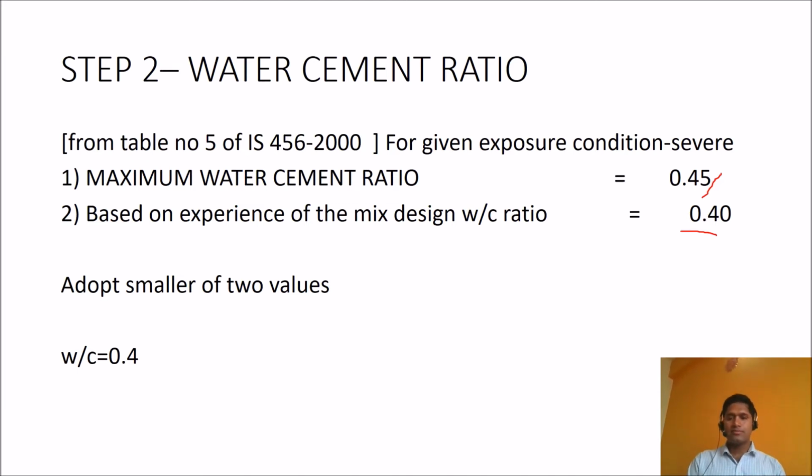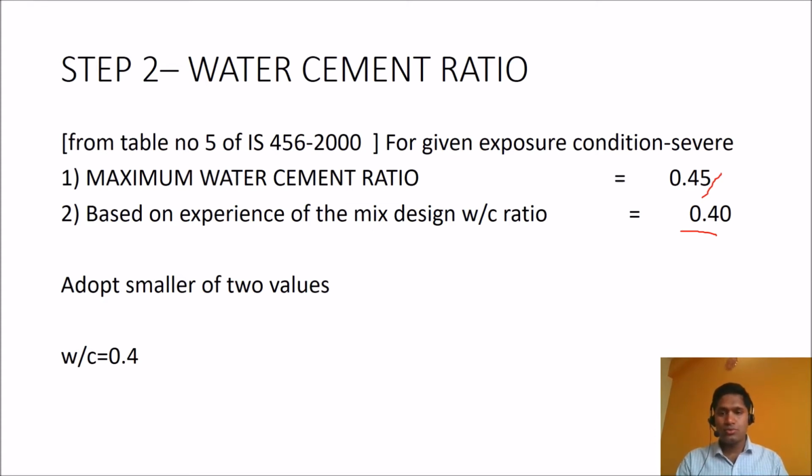So how does experience come in? The designer will do n number of mix designs, and he goes for trials. He does n number of trials using a pan mixer or a drum mixer, and based on his experience he can choose the water cement ratio required for his mix.